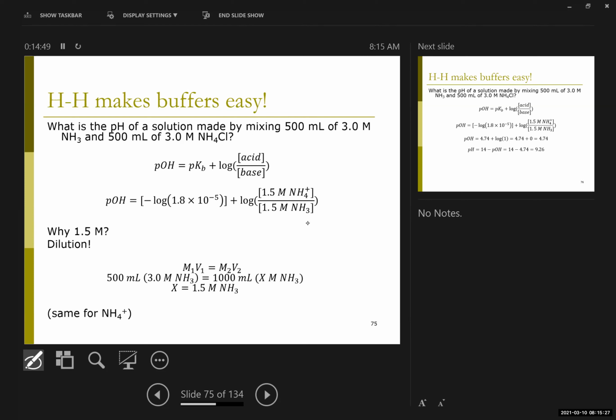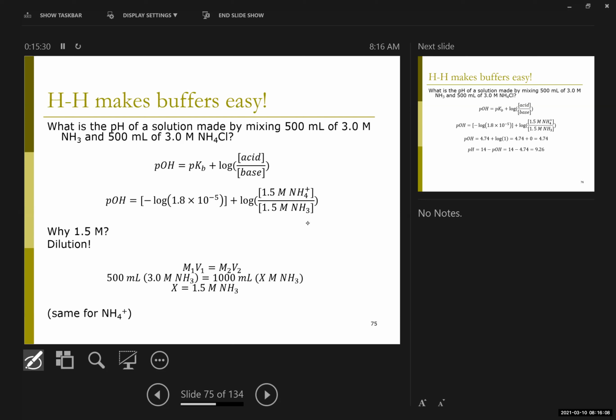Even if the K is larger, the fact that I have a large amount of both the acid and its conjugate, or the base and its conjugate, has a tendency to shrink X. If you go back and look at the example from Monday, the difference for acetic acid was a factor of 100 in the X value using essentially the same concentration of acetic acid. The buffer by its very nature will tend to shrink X.